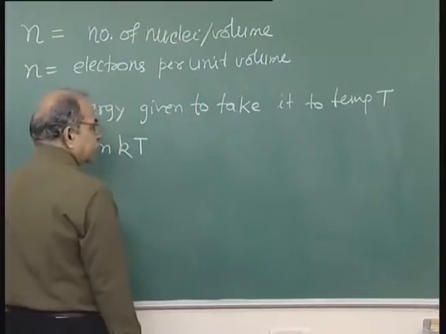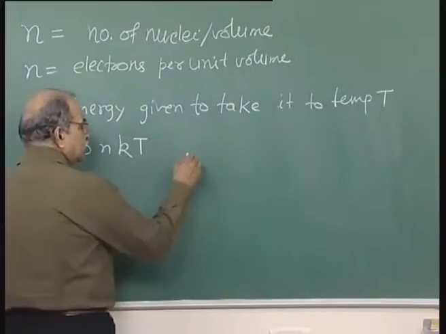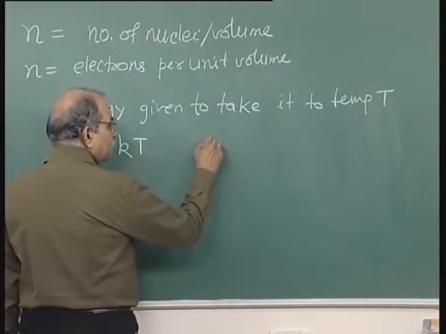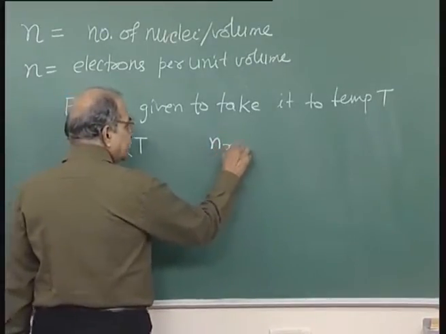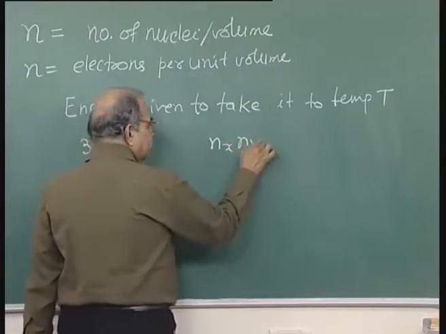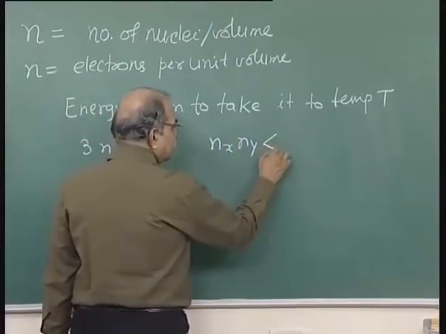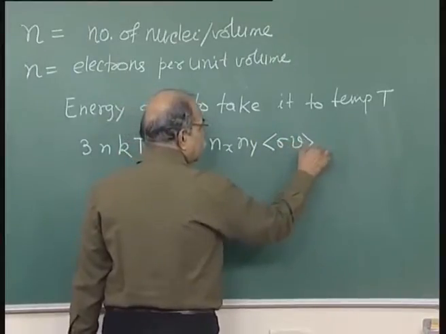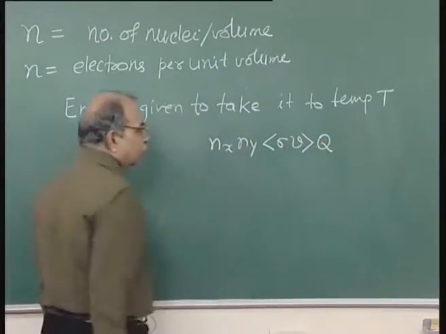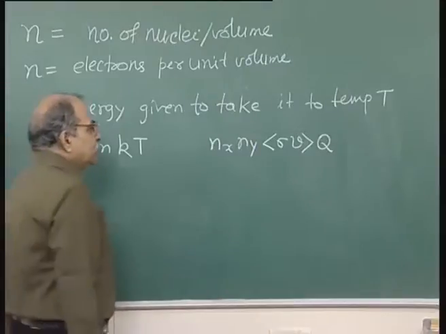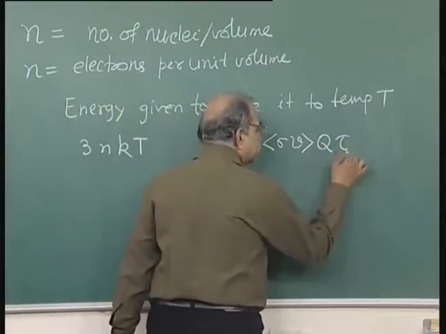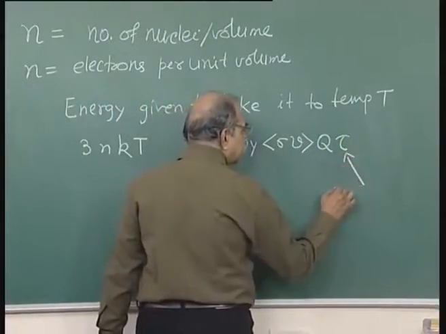So, the energy which is produced per unit volume per unit time is Nx Ny, all right, let me write Nx Ny and then sigma v, and into Q, this is the energy produced per unit volume per unit time, multiplied by tau, this is the confinement time.